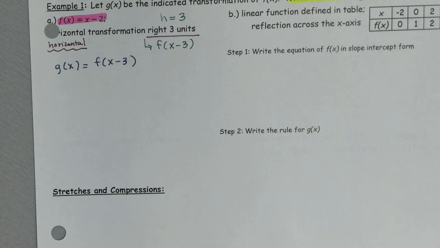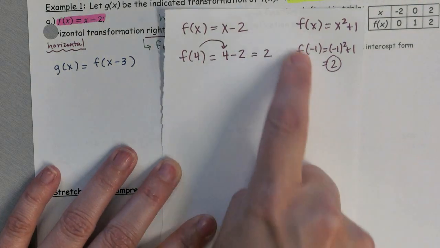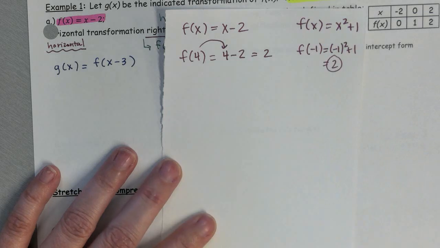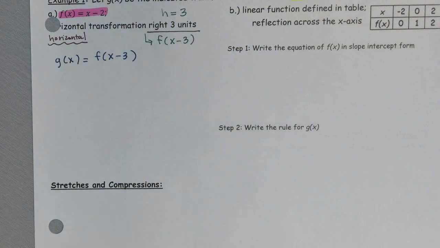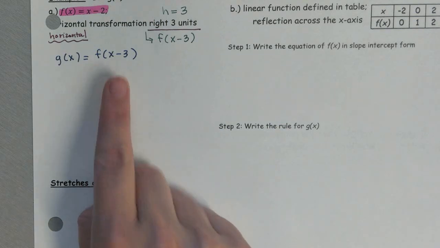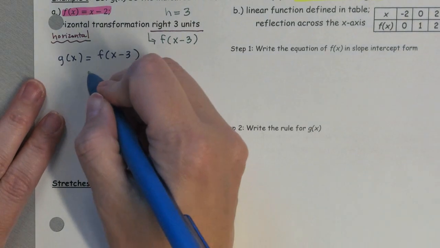So before, you guys were just telling me, oh, if I have f of 4, I plug in 4 for x. If I have f of negative 1, I plug in negative 1 for x. Well, now I have an expression. So instead of x, I'm going to be plugging in x minus 3. So to do that successfully, this is the strategy I use.